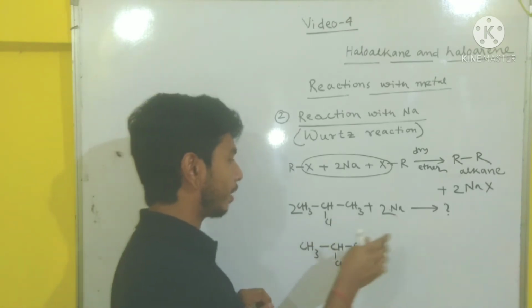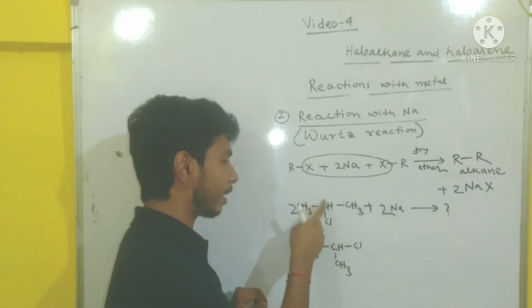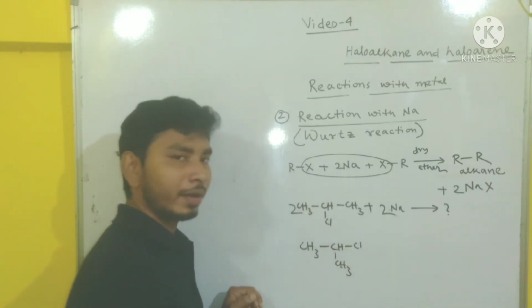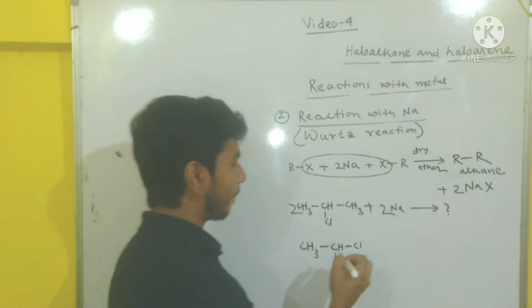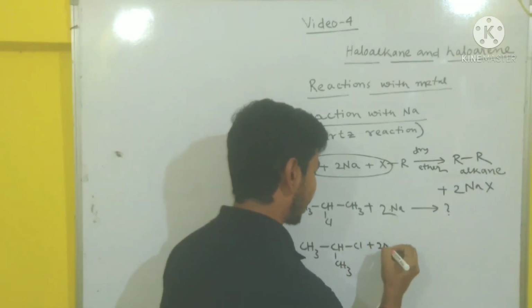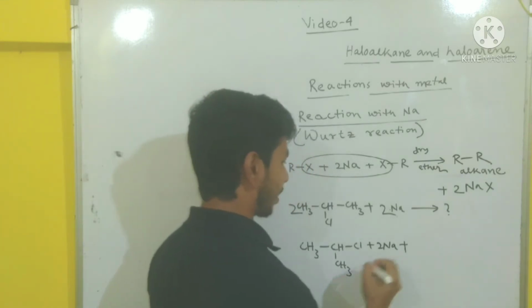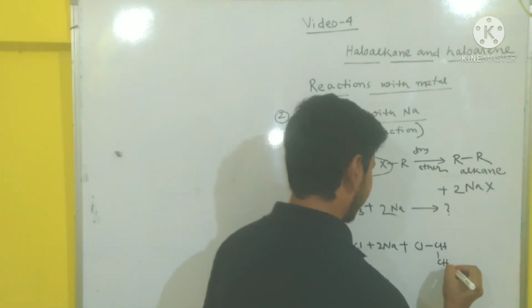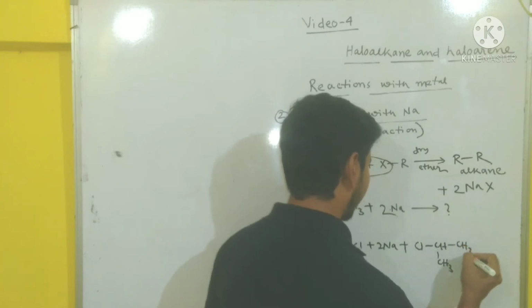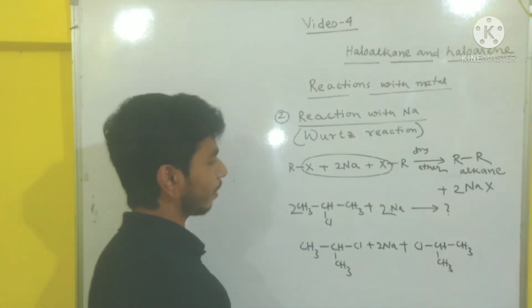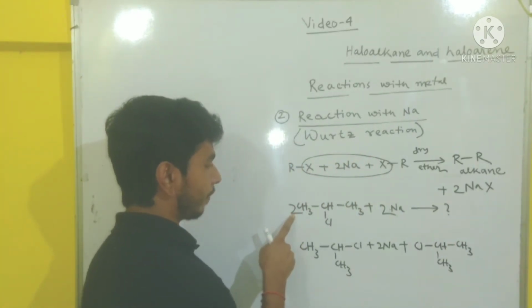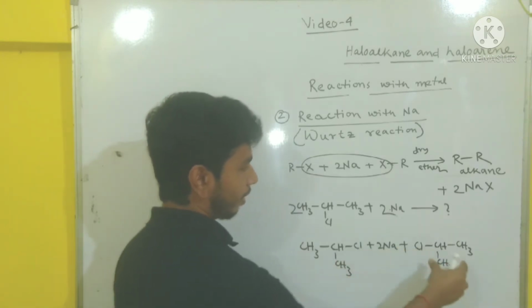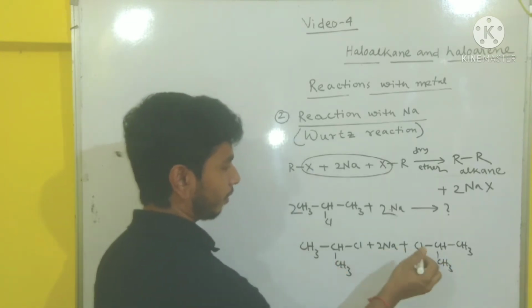For writing the product, I have written this alkyl halide in another format, plus twice Na plus ClCH(CH3)CH3. So 2 equivalent of alkyl halide. This is one equivalent, another equivalent. So there are 2 equivalent.